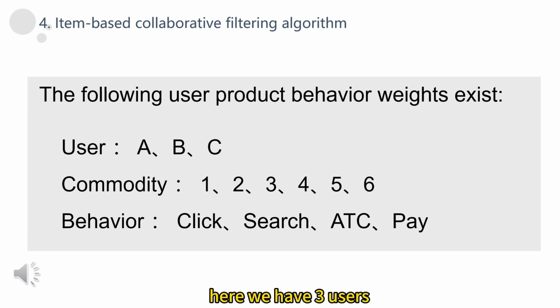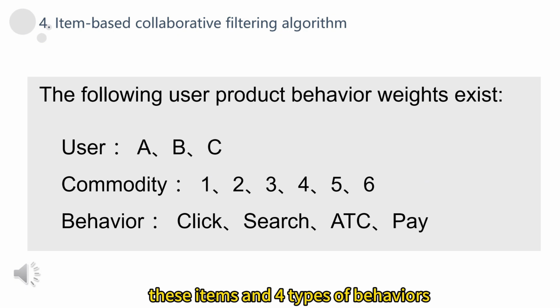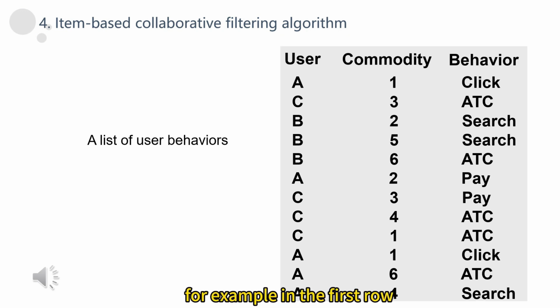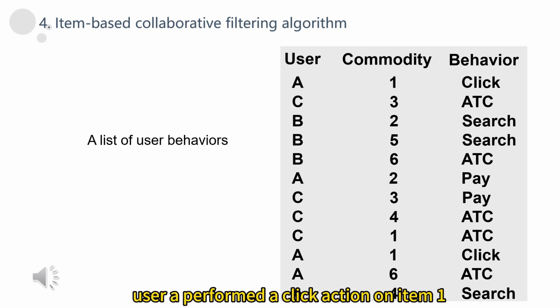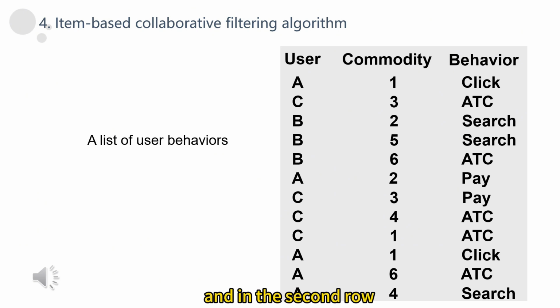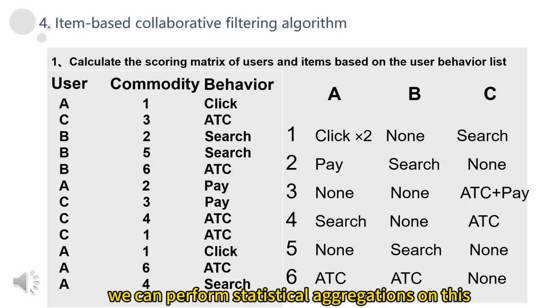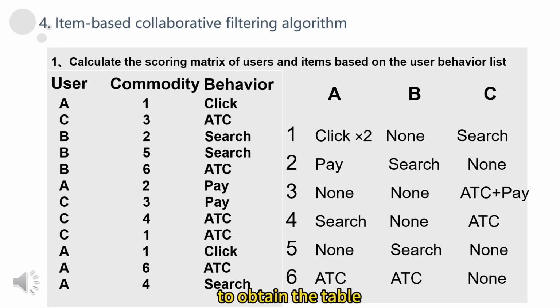Here we have 3 users, these items, and 4 types of behaviors. Here is the recorded user behavior data. For example, in the first row, user A performed a click action on item 1. And in the second row, user C added the item to the shopping cart. We can perform statistical aggregations on this backend data to obtain the table on the right.